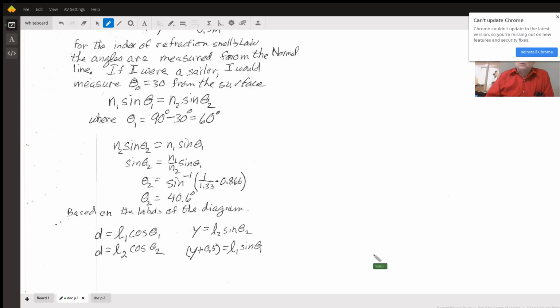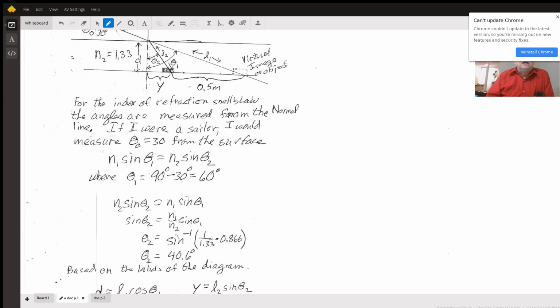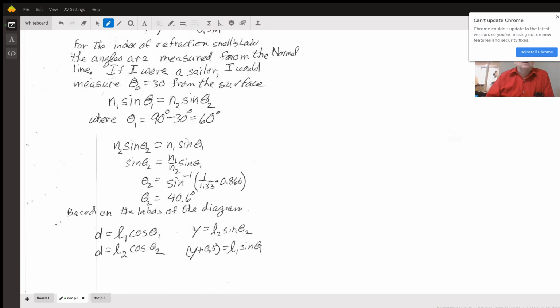Y, which is on the bottom, and 0.5 meters make up the sine of theta 1 when combined with L1, and Y combined with theta 2 is the sine of theta 2 combined with L2. And so these four relationships down here allow us to solve the problem.